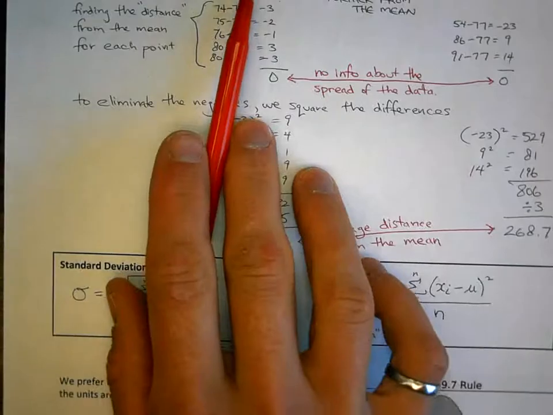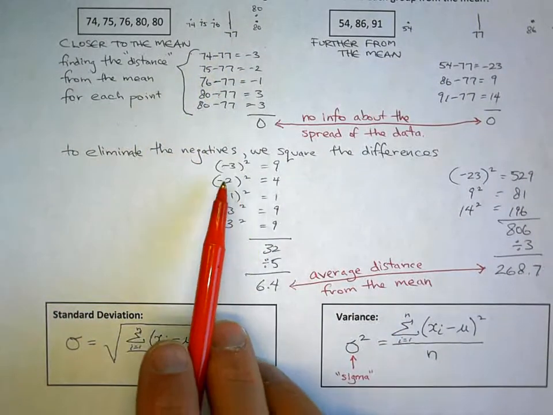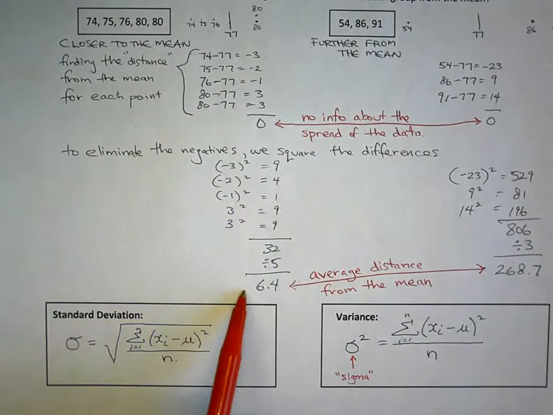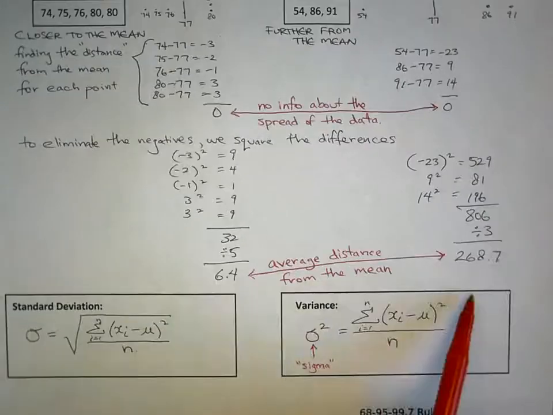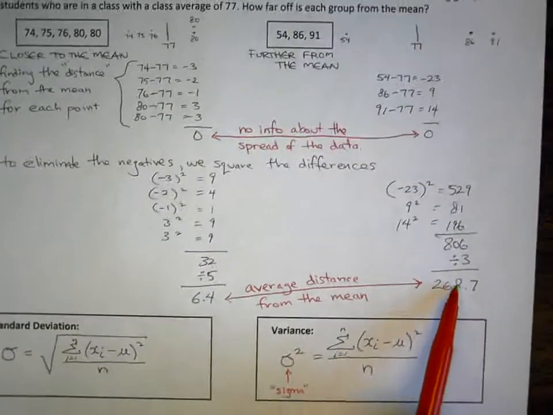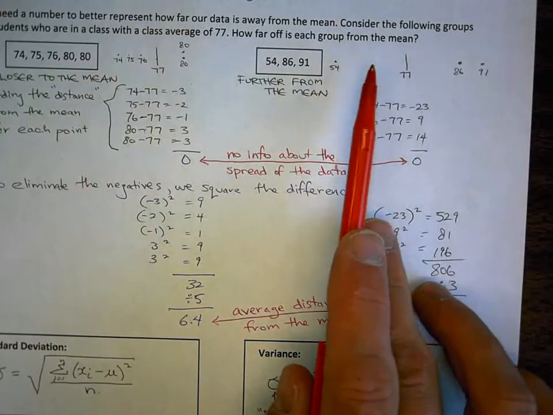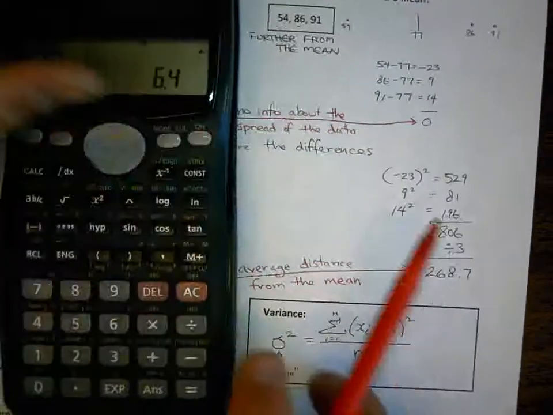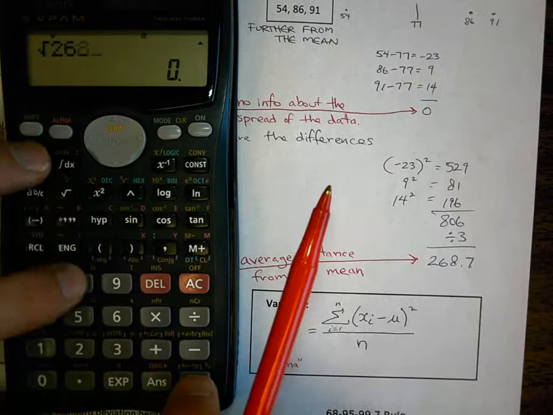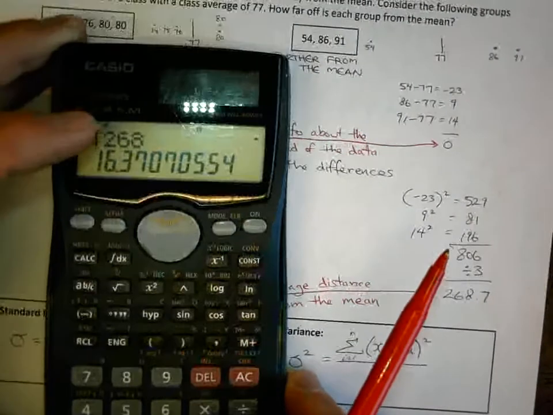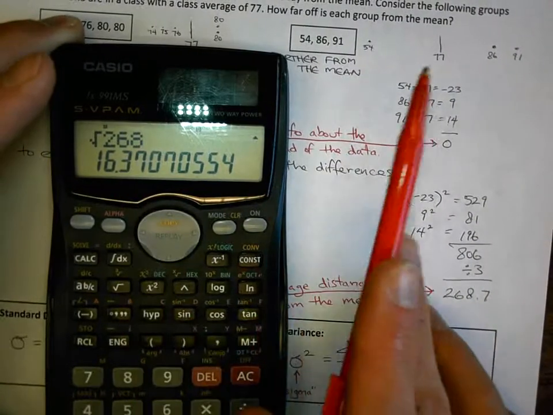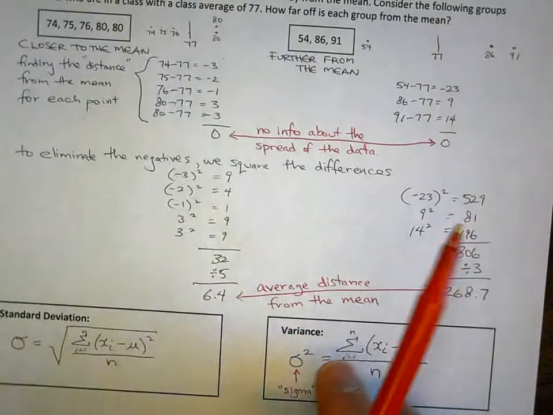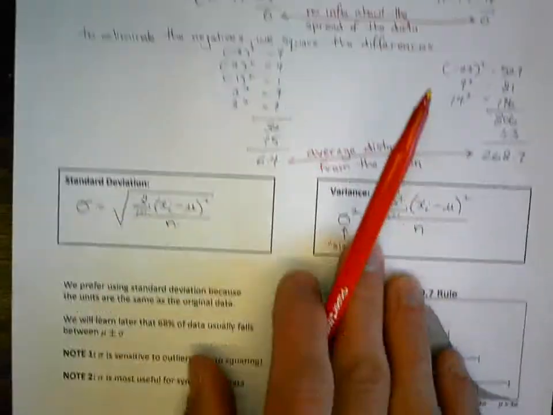Here you can see that when I squared everything, I got these massive numbers. So like even over here, 268 doesn't make any sense when we're talking about averages that go up to between 0 and 100. If you take the square root of 268, you end up with 16, which has the same units as the average that we were dealing with. Those are the numbers we were dealing with. So standard deviation is preferred.